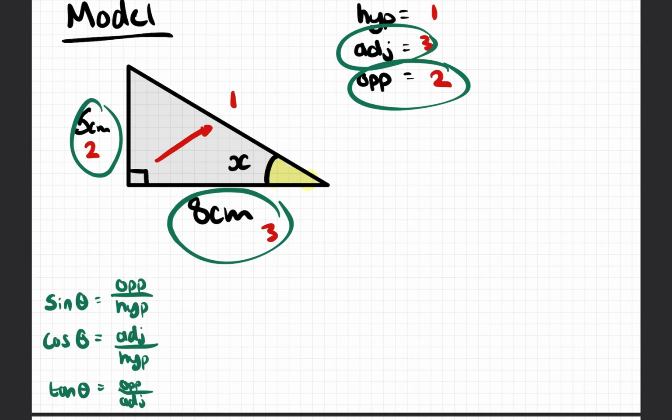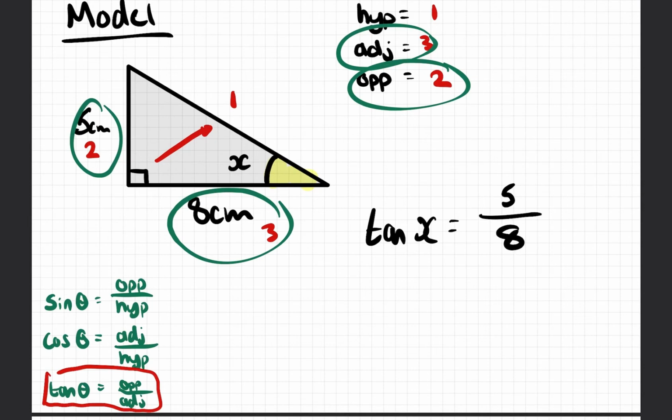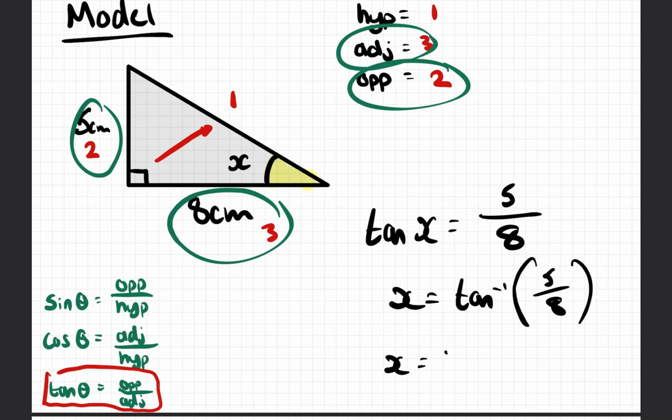Tan does. Tan of the angle is opposite over adjacent. So, tan of x equals opposite over adjacent, 5/8. There we are. x equals tan to the -1 of 5/8. On your calculator, 5/8. x equals 32.01 degrees to 2 decimal places. There we are. Just spotting the ratio to use and using your inverse.